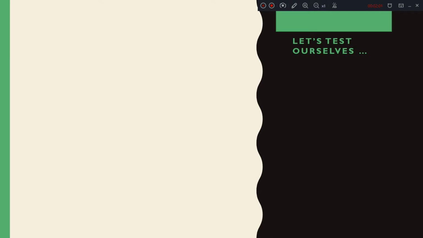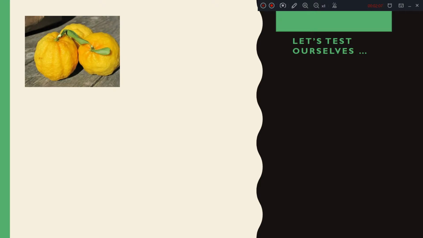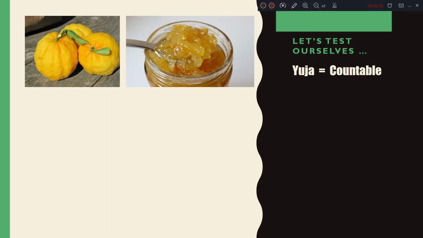So, let's test ourselves. Are these foods countable or uncountable? Let's start with 유자. Countable or uncountable? Right, 유자 is countable. What about 유자 tea?